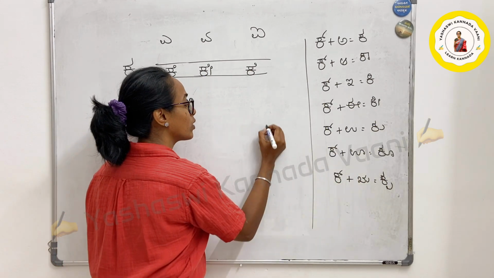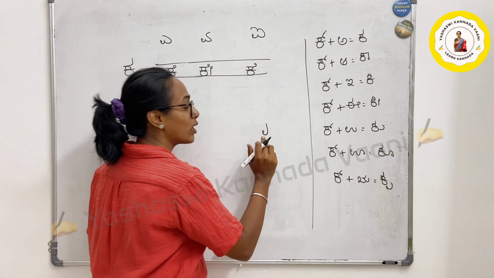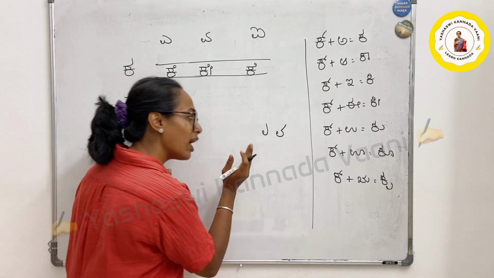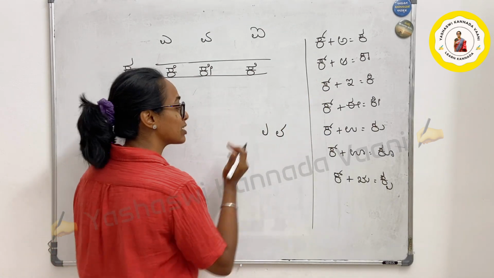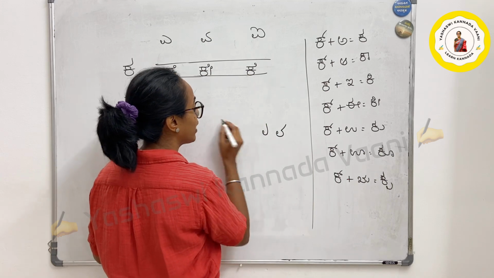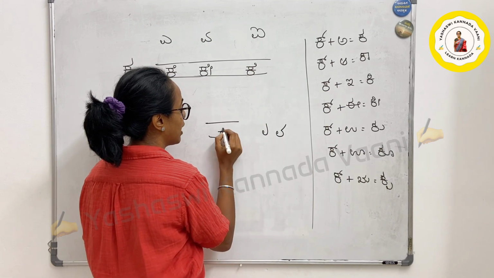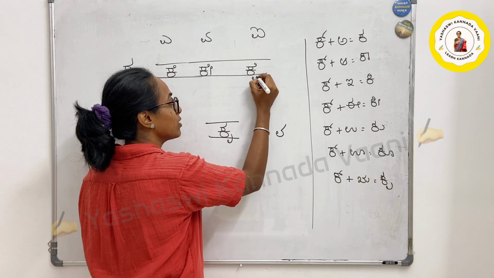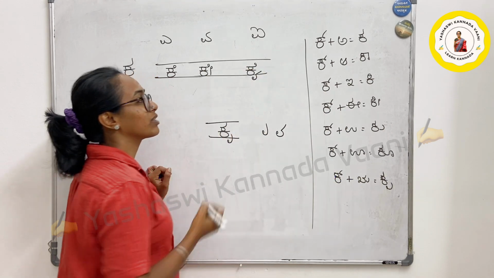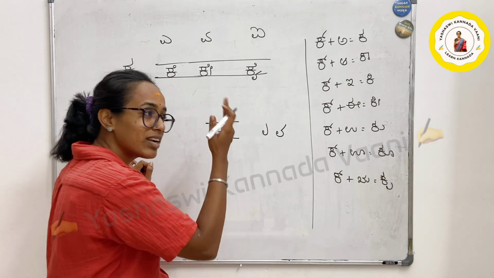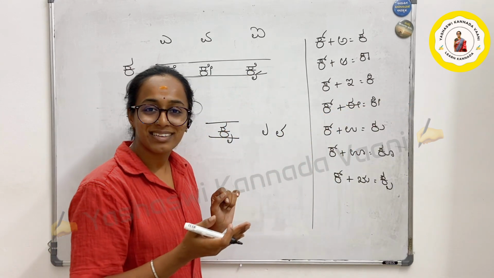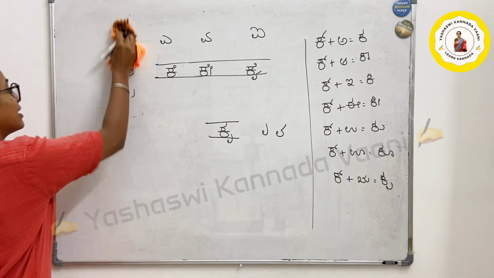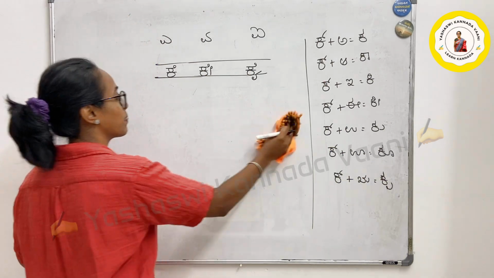We did this one for Kru, right? So instead of this, go slightly to the right side. If it is Kru, I'll write like this, below the line. Here you stop it and go to the right. That's it. Instead of a straight line, go to the right side. That is your Kai.